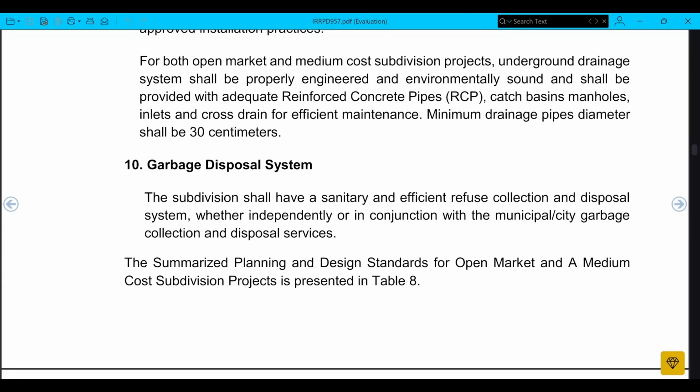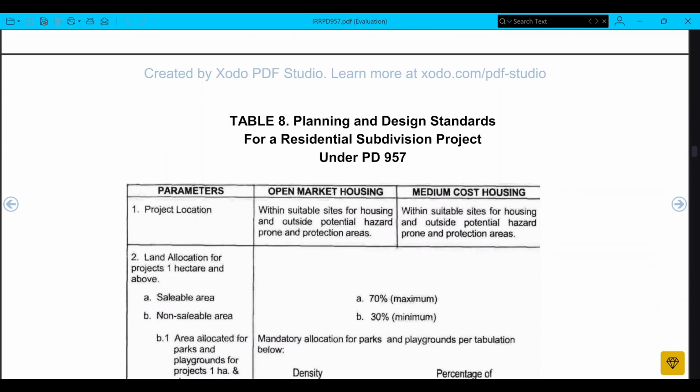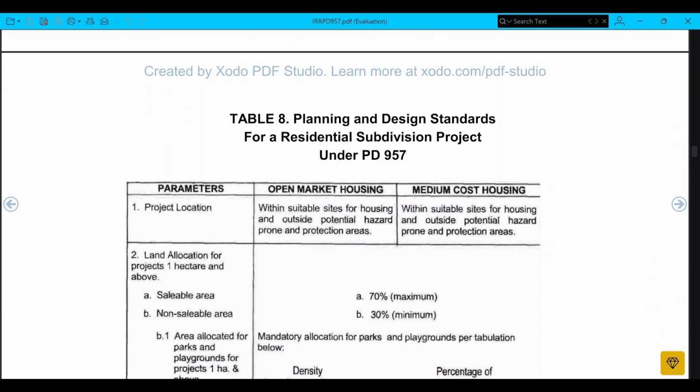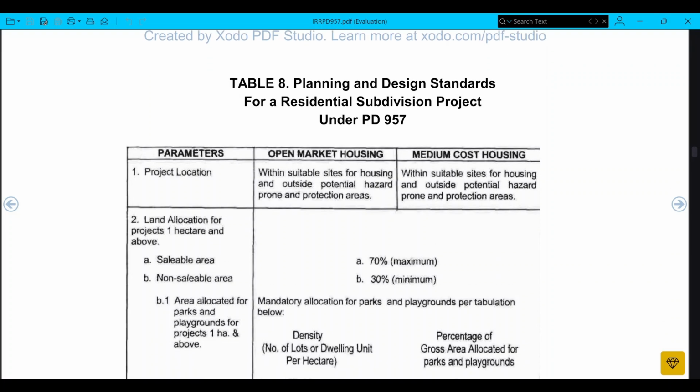The summarized planning and design standards for open market and medium cost subdivision project is presented in Table 8. So in Table 8, Planning and Design Standards for a Residential Subdivision Project under PD 957, there's a table showing the parameter on the first column, open market housing on the second column, medium cost housing on the third column.